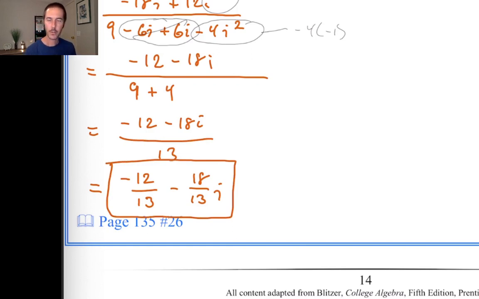Every once in a while you'll see an author present this in a slightly different way, and they'll put the i up in the numerator. I don't like that. It doesn't look enough like standard form. It doesn't look enough like A minus Bi to me.